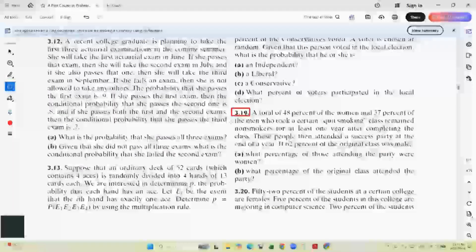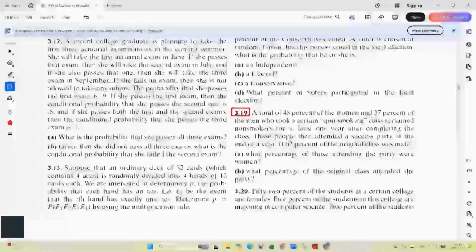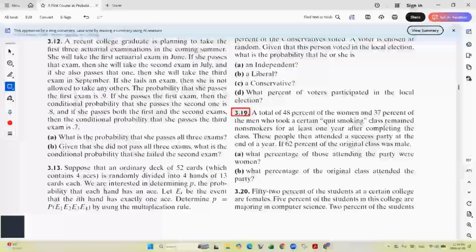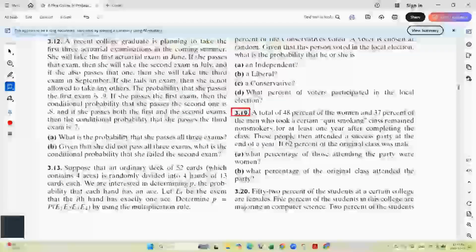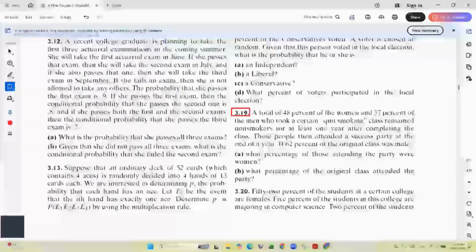Problem 3.19. A total of 48% of the women and 37% of the men who took a certain quick smoking class remained non-smokers for at least 1 year after completing the class.